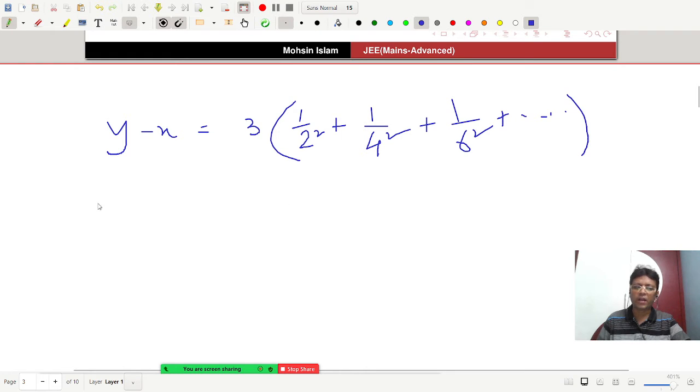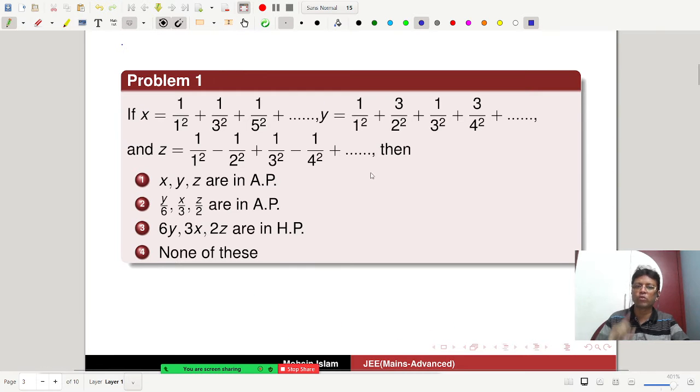And if I write x minus z, look at that, go back to your expression. If I take x minus z, again you have 1 by 1 square cancelled, you will have minus 1 by 2 square, 1 by 3 square cancelled, you will have 1 by 4 square, 1 by 5 square cancelled, you will have 1 by 6 square, and so on.